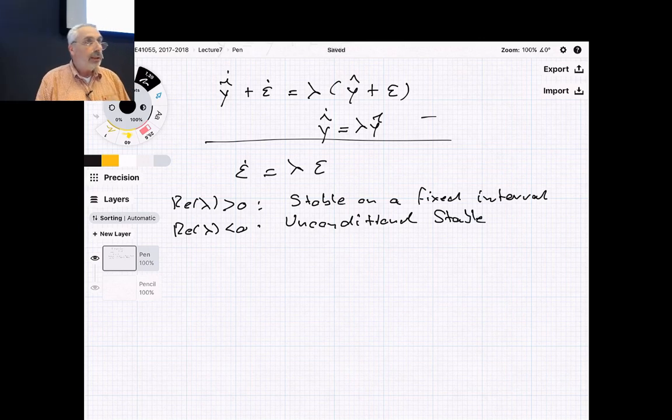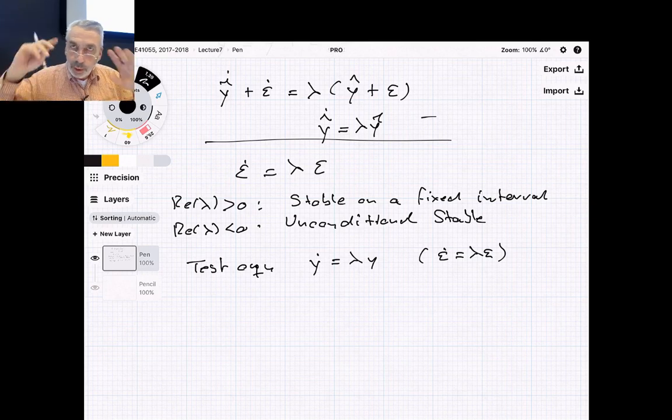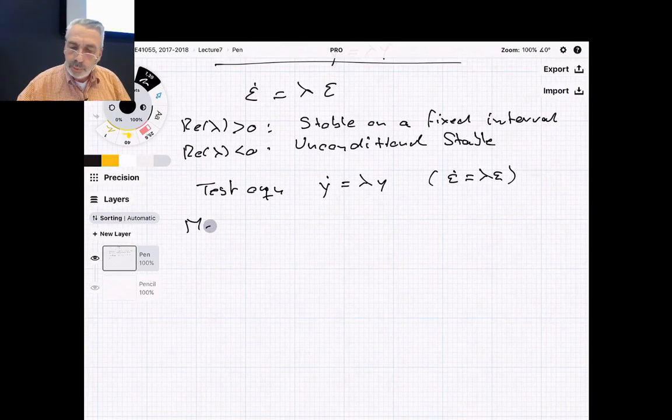Okay, having said that, let's go back to our method. So we have our test equation, and of course the test equation is y dot is lambda times y. Of course we think in errors, but I don't want to write everything with epsilon. I stick to the function itself. But with y we mean actually the error. So we have the test equation, and then we have our method.